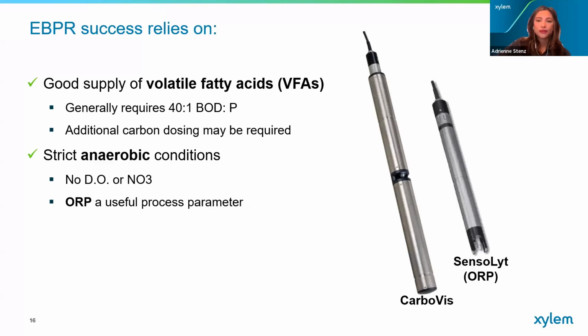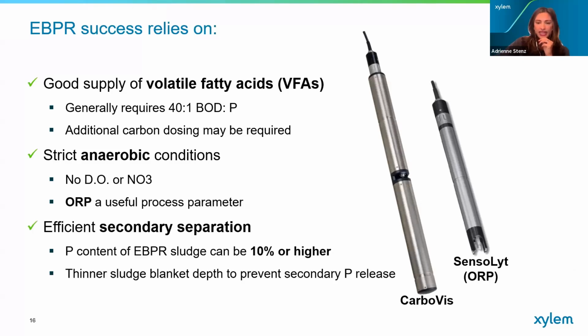ORP is a really useful parameter for anaerobic conditions to verify that those conditions are truly anaerobic. ORP values for anaerobic zones should be largely negative, less than negative 100 millivolts. And then finally, EBPR processes require efficient secondary clarifiers to prevent captured particulate phosphorus from escaping to the effluent.